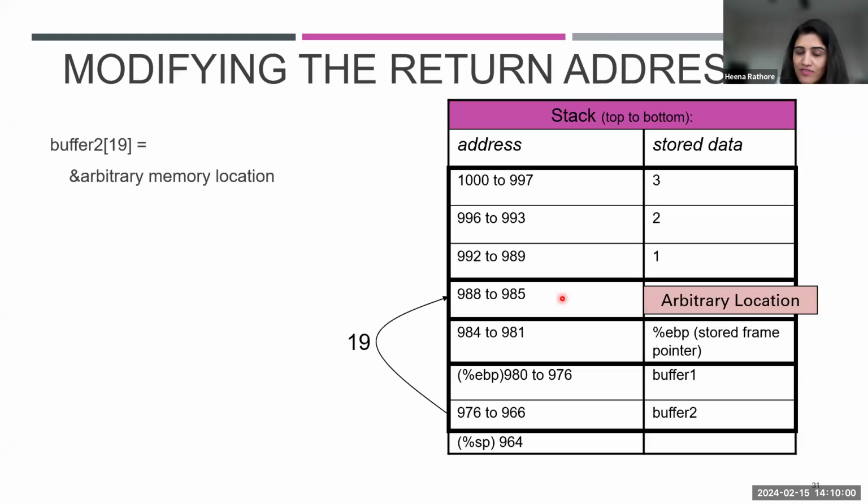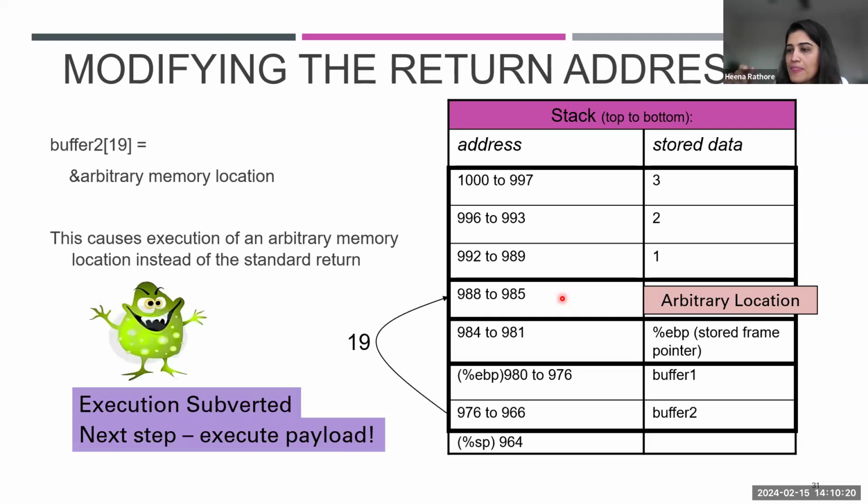But rather than specifying that return address, an attacker can take it to some arbitrary location, where the program execution will no longer be part of the stack but at some other location. This is how an attacker can subvert the execution, that is, break the flow of the program and take it to a specific other location.